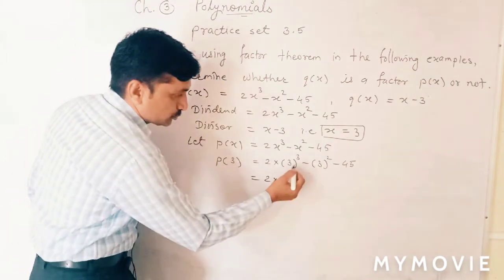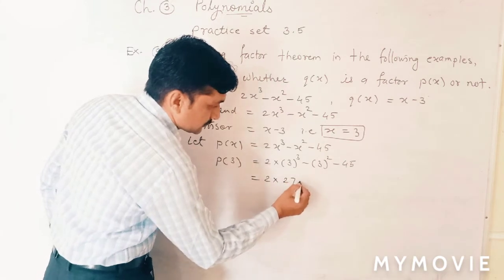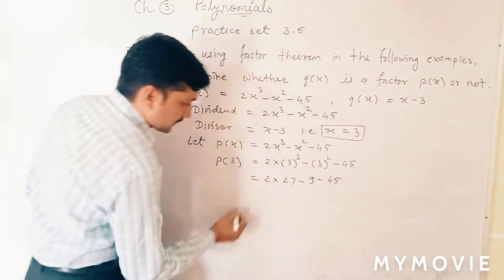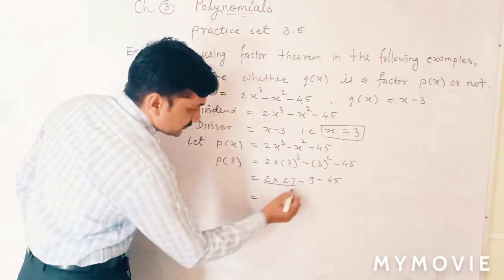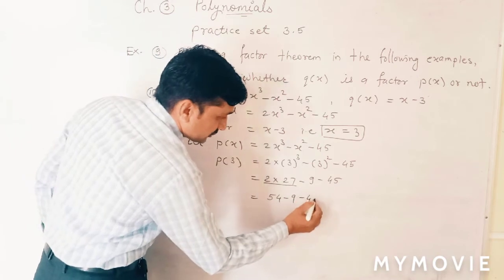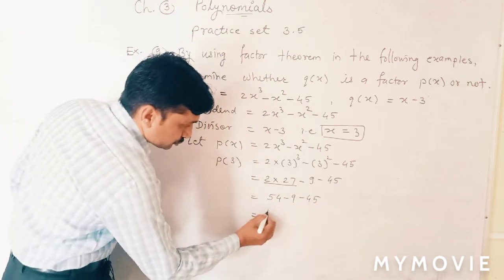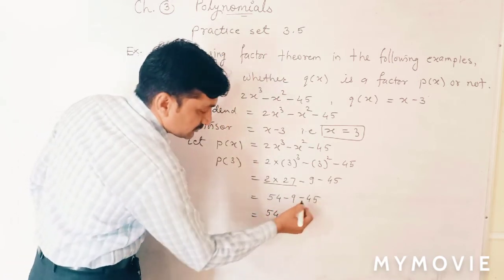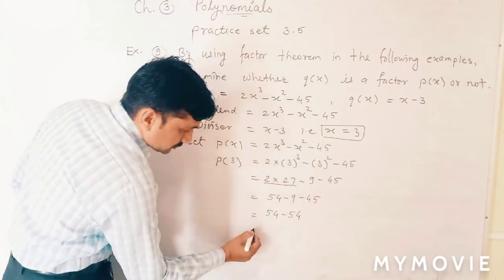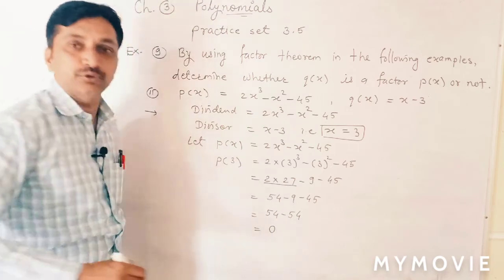2 multiplied by the cube of 3, which is 27, is 54, minus 3 square, which is 9, minus 45. So 54 minus 9 minus 45 is equal to 54 minus 54, which is 0.